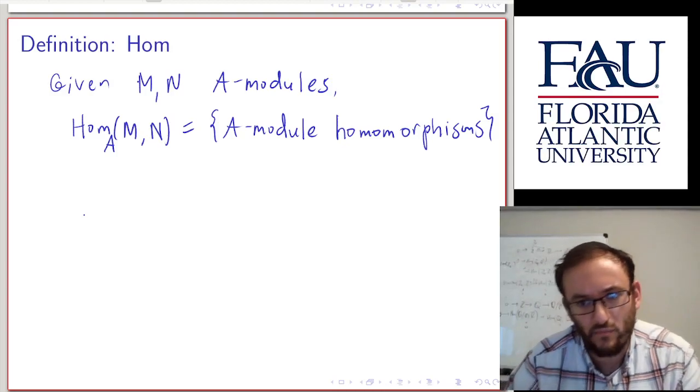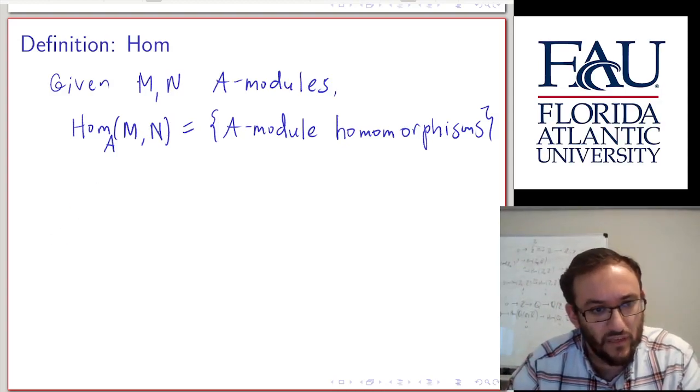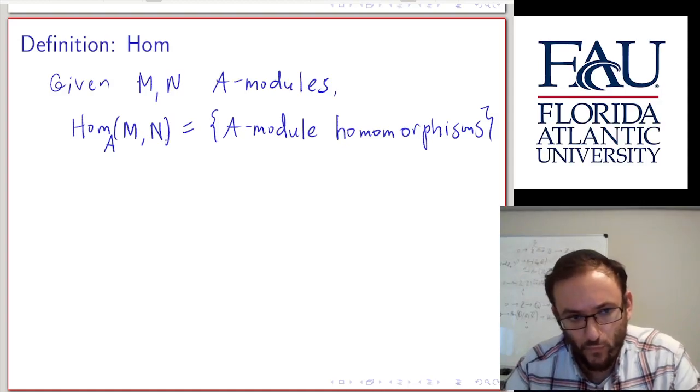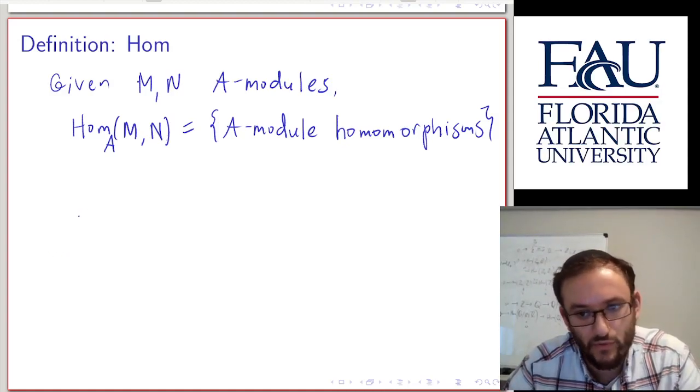But in general, it's not going to be super ambiguous because you'll know what ring these are defined over in most cases.